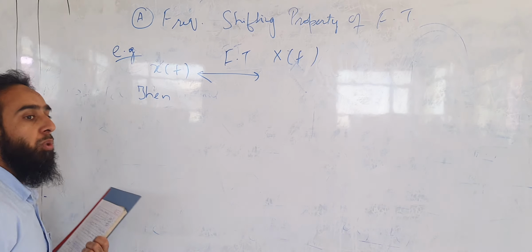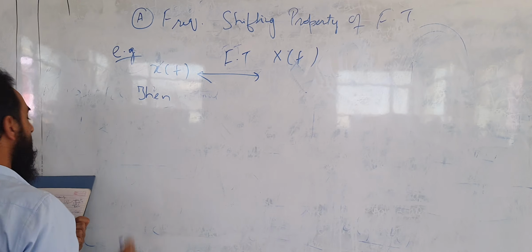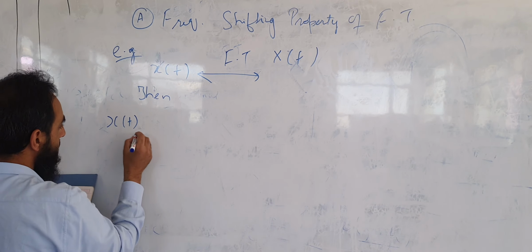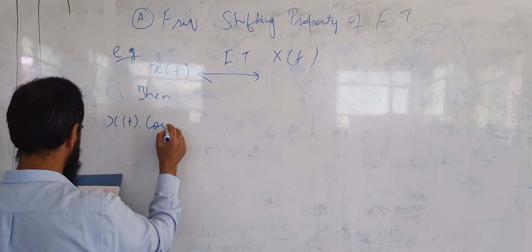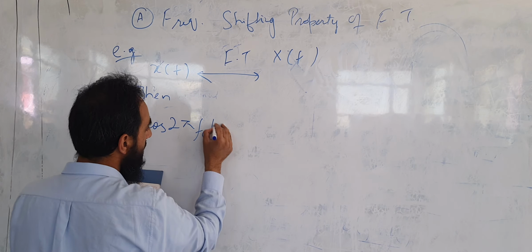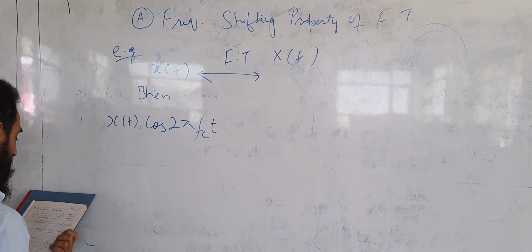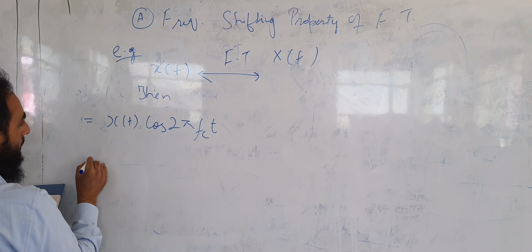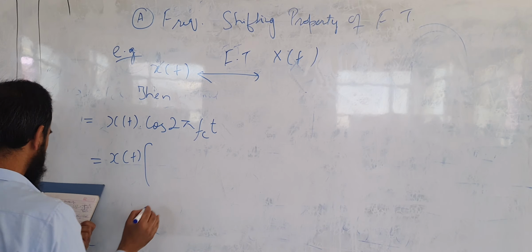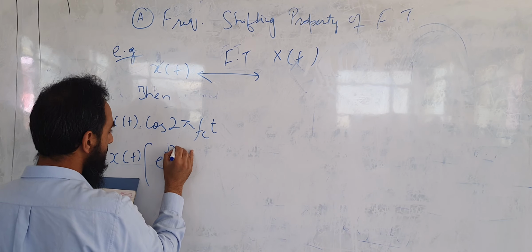if we multiply a cosine signal with this x of t, that is x of t into cos of 2 pi fct, but we know that a cosine signal using Euler's expansion is actually a combination of two exponentials.